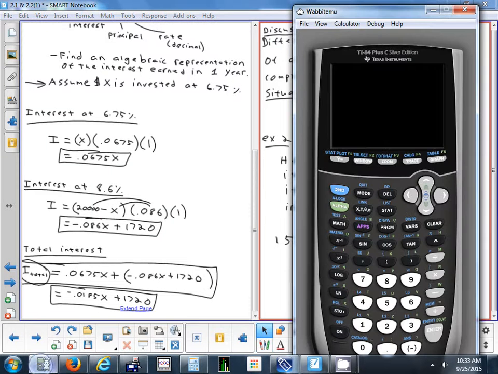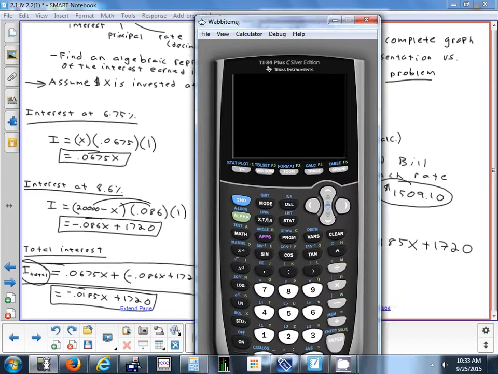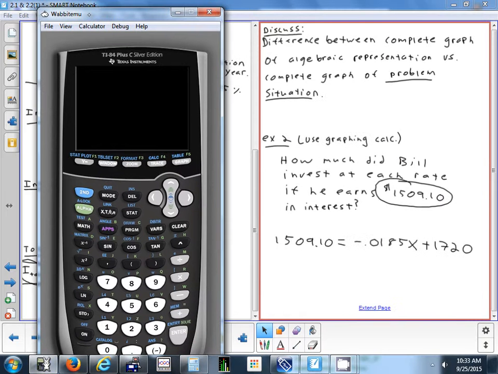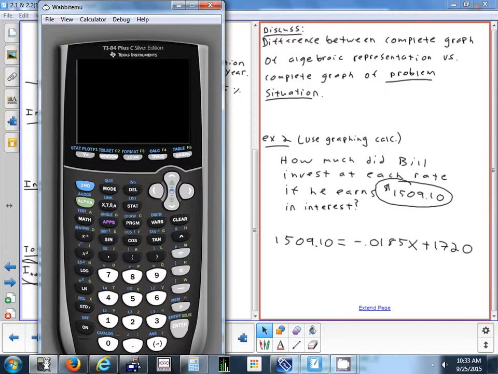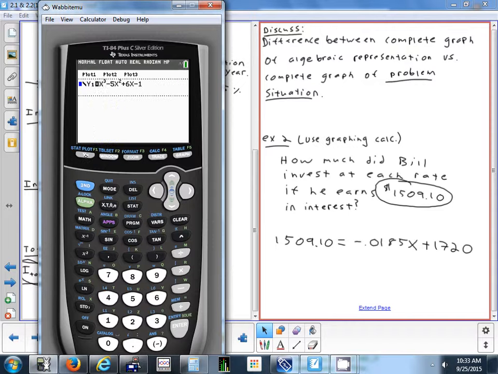And I'm going to solve this one just like we did one of the last problems. I'm not going to rearrange it. I'm just going to fill in what's on the left side in y1, so it's 1,509.10. I'm going to put negative 0.0185x plus 1720 in y2.